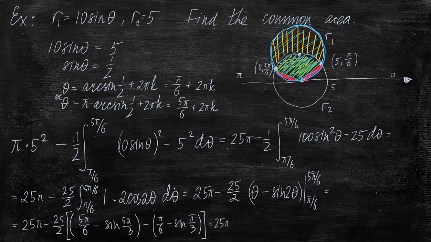So we have 25 pi minus 25 over 2. Now combining 5 pi over 6 minus pi over 6, that's 4 pi over 6, which is 2 pi over 3.